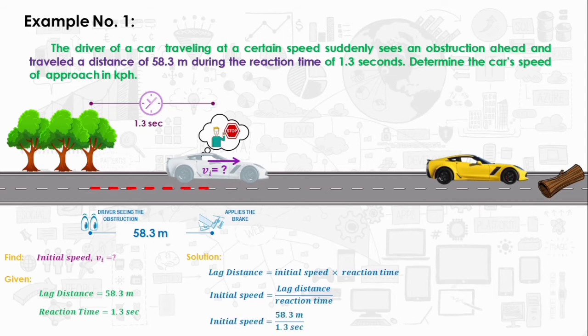Initial speed is equal to 58.3 meters divided by 1.3 seconds. We will obtain 44.85 meters per second or 161.46 kilometers per hour. Therefore, the car's speed of approach is 161.46 kilometers per hour.